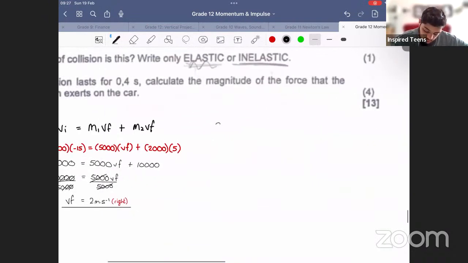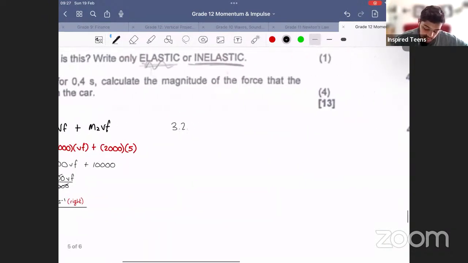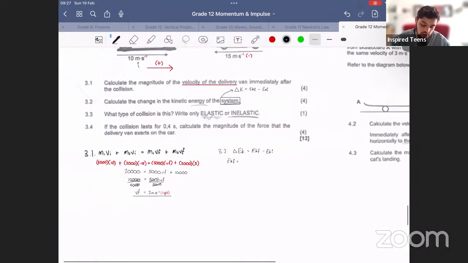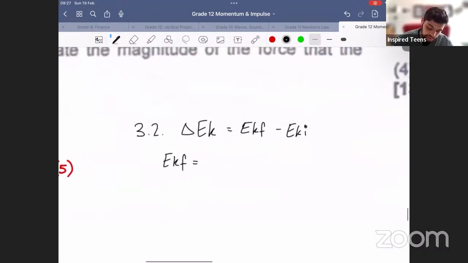So 3.2, let's do the calculation. I'm going to calculate delta EK, which is equal to EK final minus EK initial. So let's calculate EK final. EK final is basically the kinetic energy of both objects after the collision. So after the collision, what is the formula for EK?